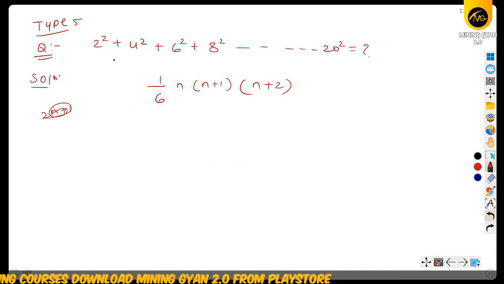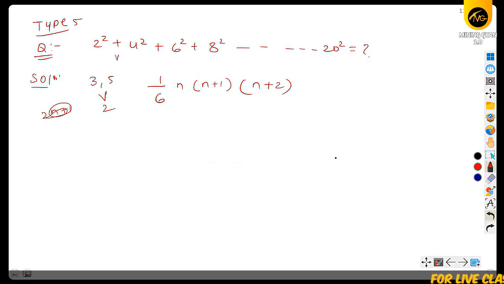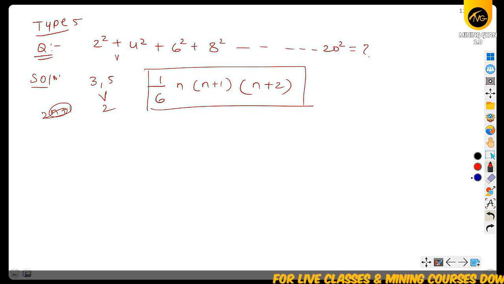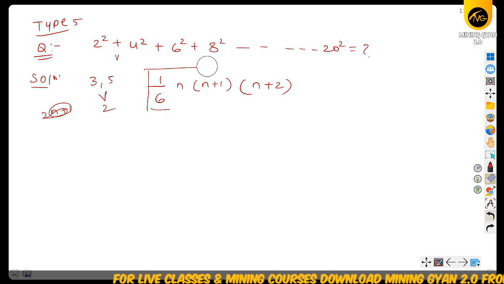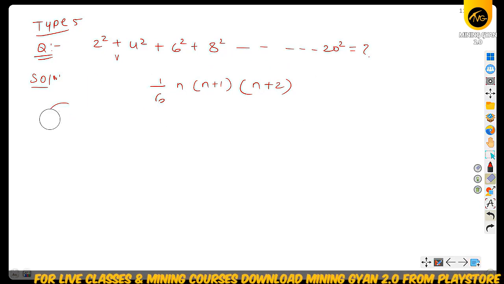If there is 2 and 4, there is a difference of 2. Similarly 3 and 5, there is a difference of 2. That's why we have used n plus 2. Whether it is an even number or odd number, we can use the same kind of formula to find the sum of the series of square values of numbers.